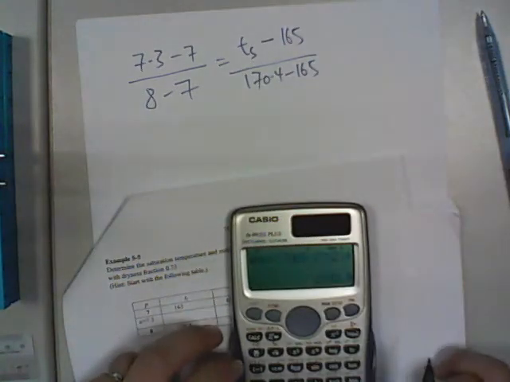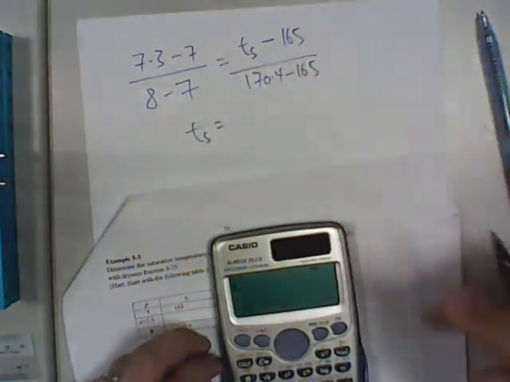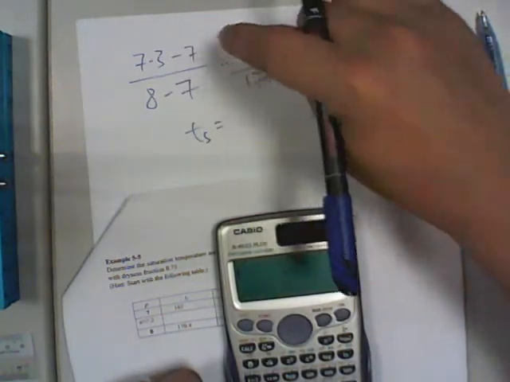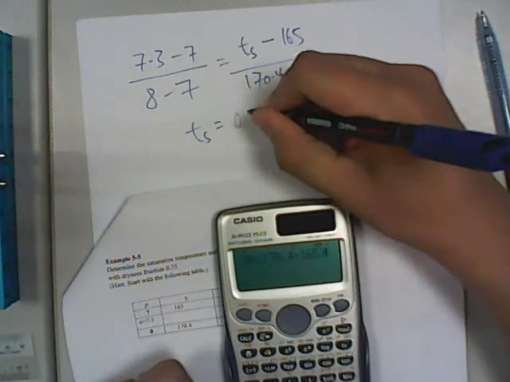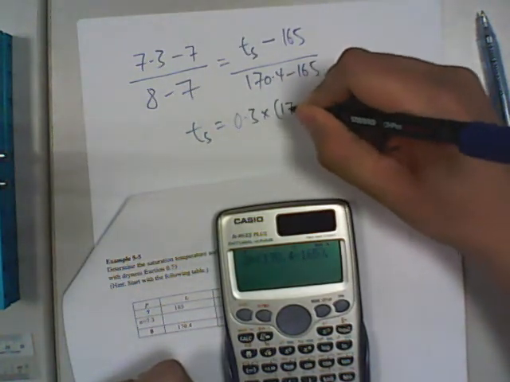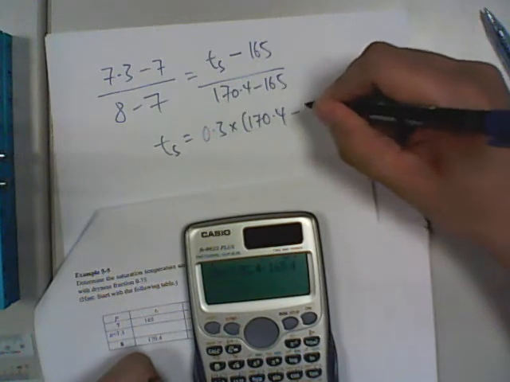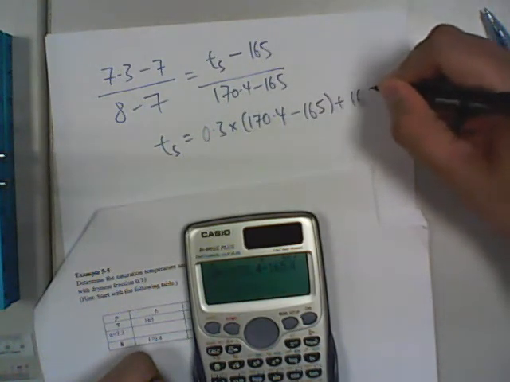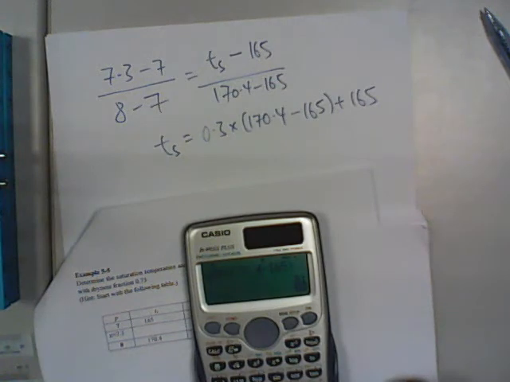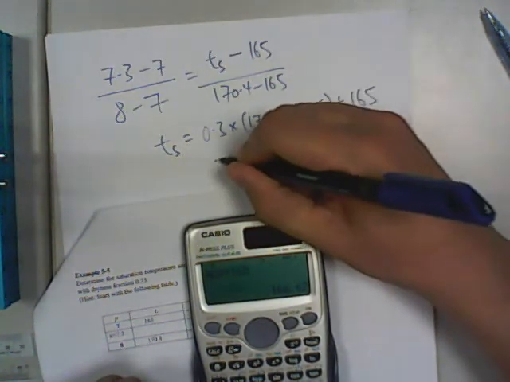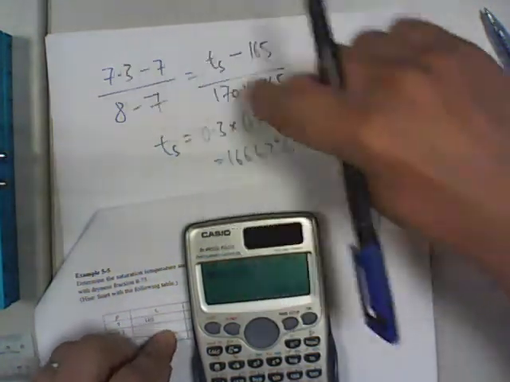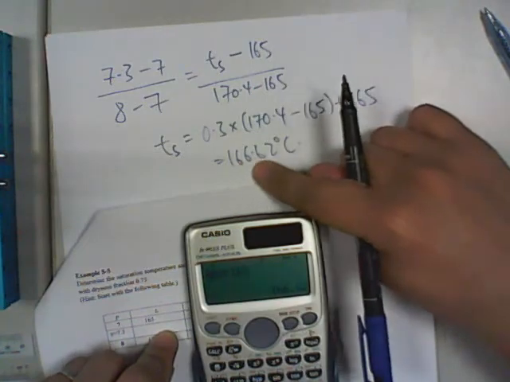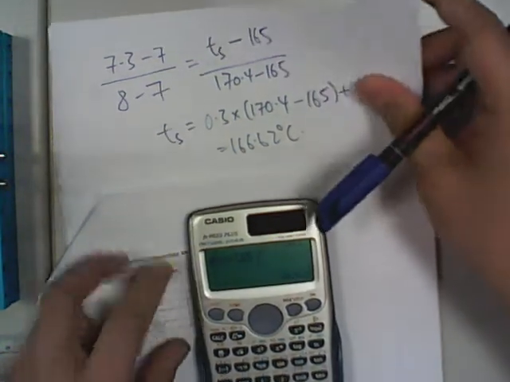So TS will be 0.3 times 170.4 minus 165, plus 165, which is 166.62 degrees Celsius. So at 7.3 bar, the water boils at 166.62 degrees Celsius.